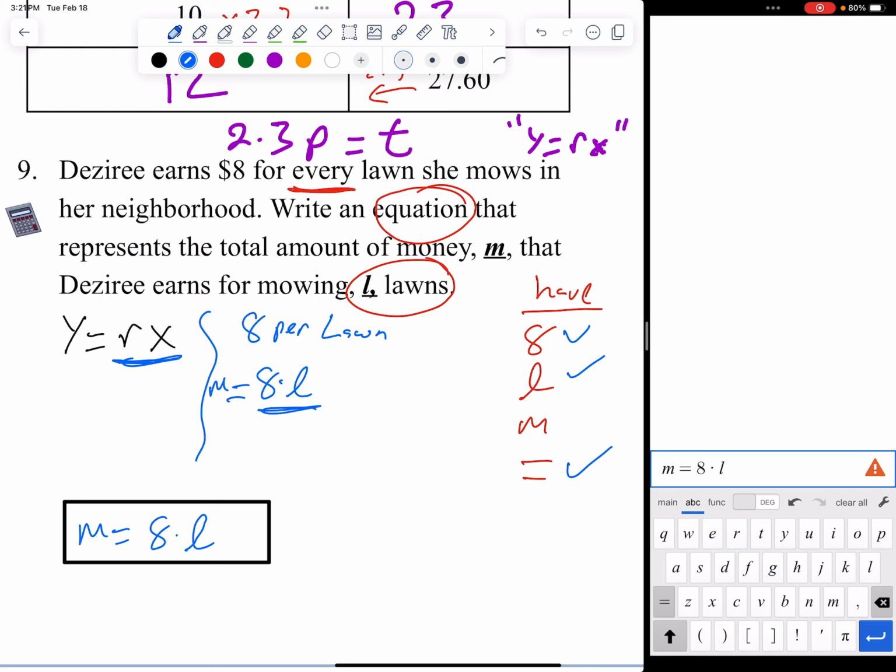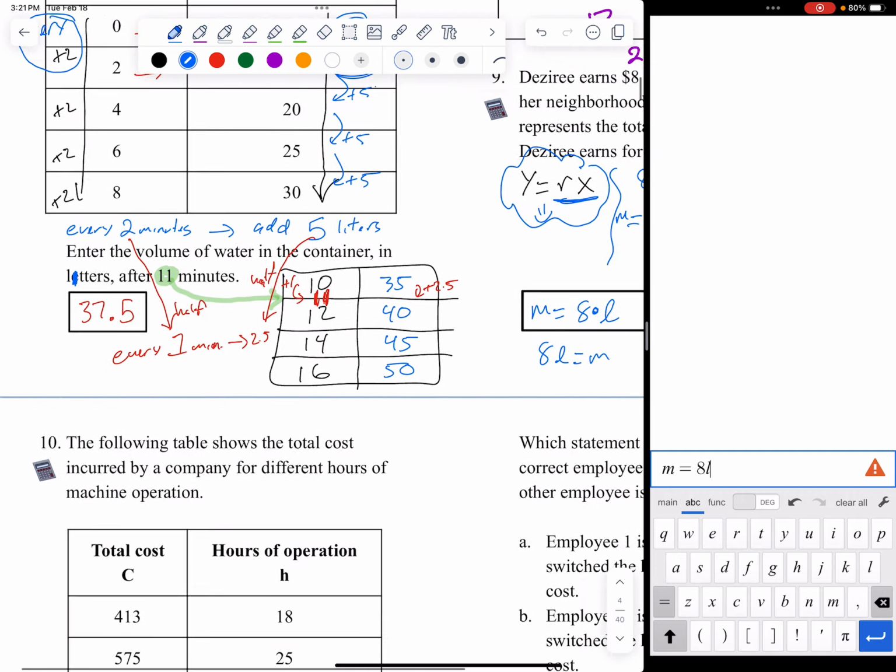But if you don't want to put the multiplication, you could have just simply put 8L. It is totally correct, either one. So you could have said 8 times L, or you could have said 8L equals M. It's the same thing. The other one was very specific where it wanted Y equals RX, so it had to be in that order. This one did not. But again, this one is our equation for 6th and 7th grade.